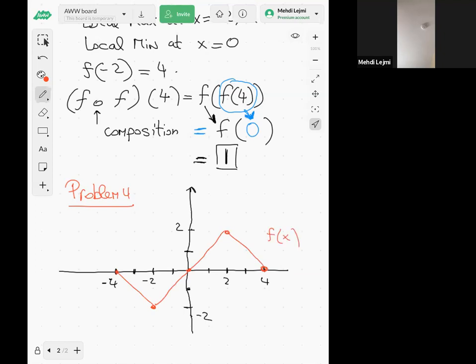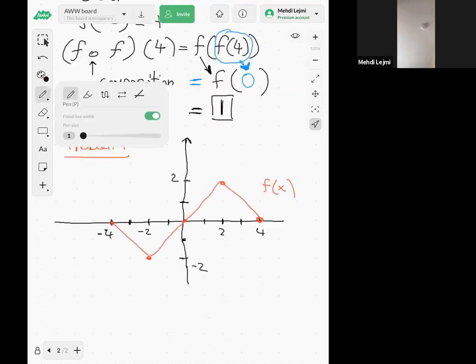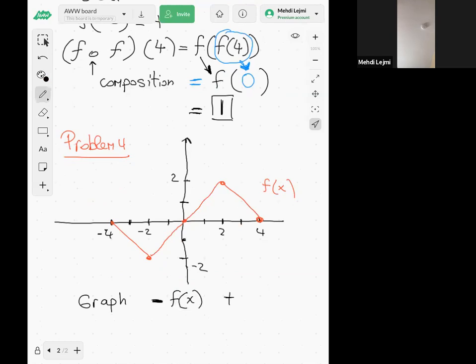So we have to graph minus f of x and then plus 2, right? First, you have minus f of x.